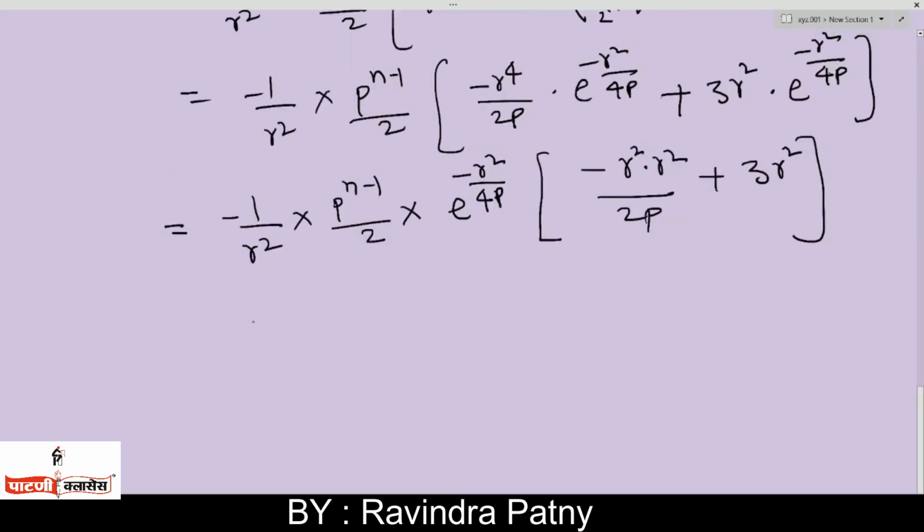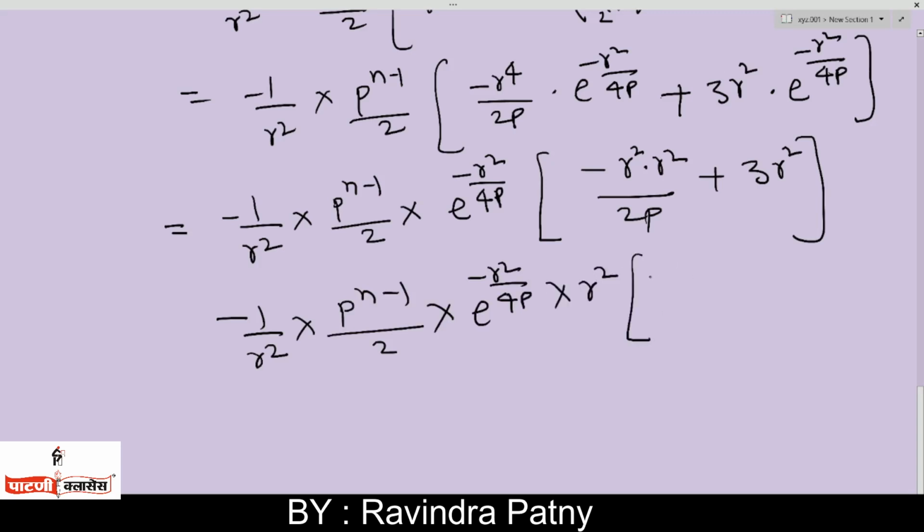Now again taking r square common, we are left with minus r square upon 2p plus 3. r square gets cancelled.